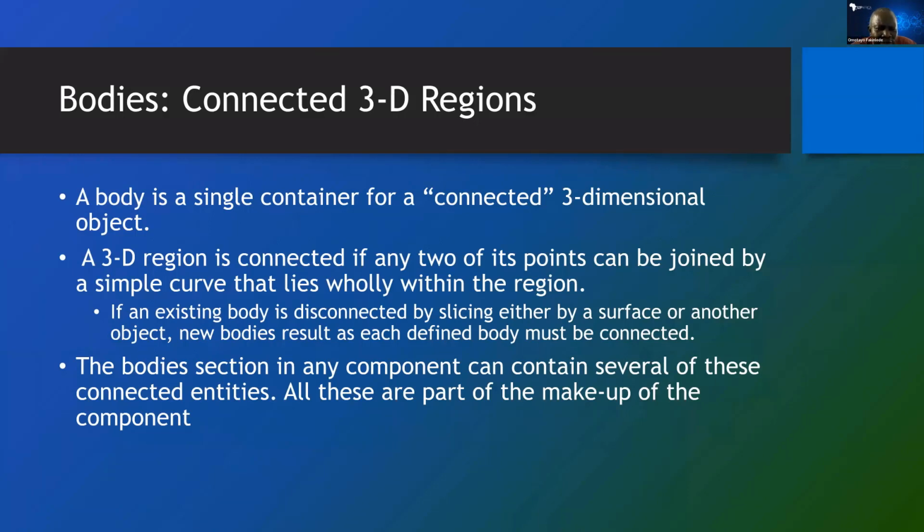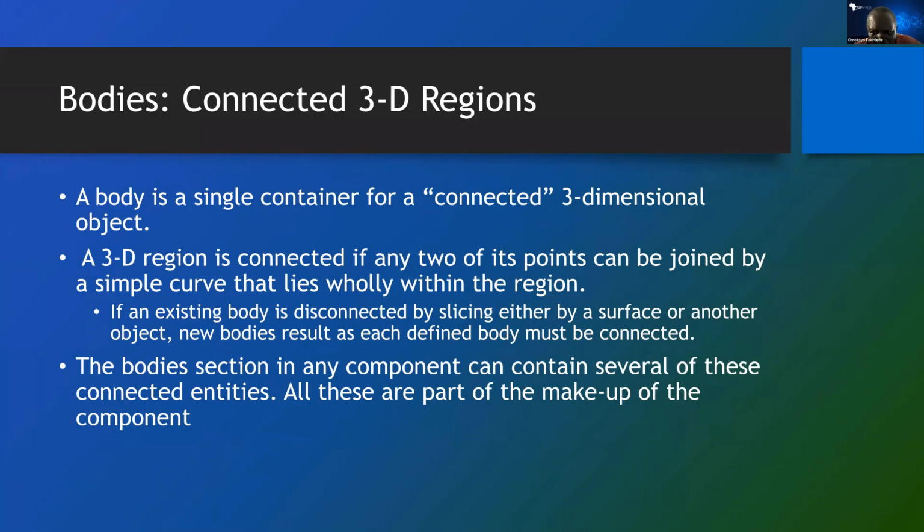Now, if you have a particular region defined, for instance, the region occupied by a piece of an entity, that region is connected if any two points can be joined by a simple curve that lies wholly within the region without getting out of the region.